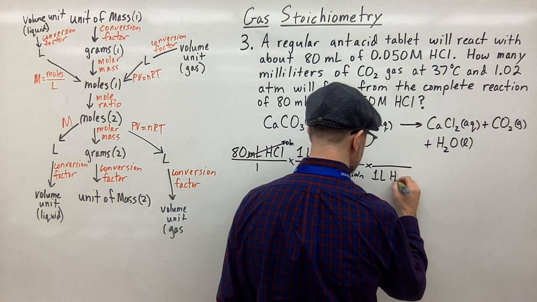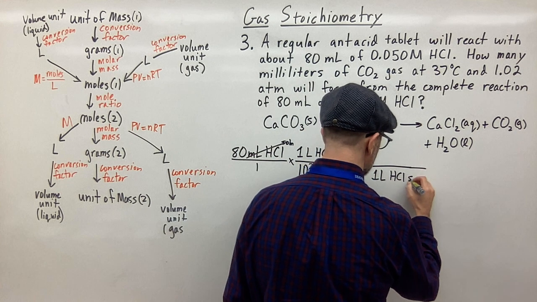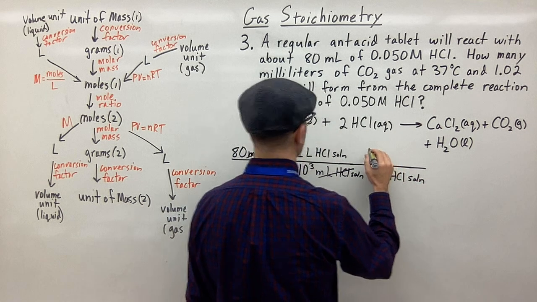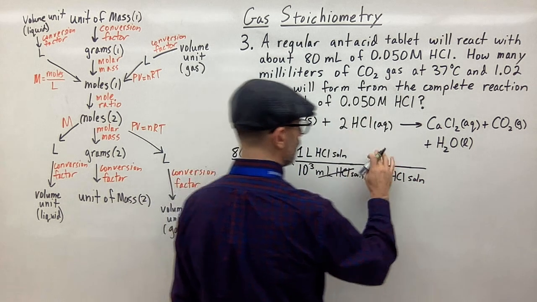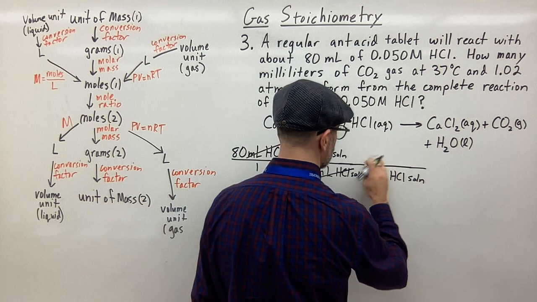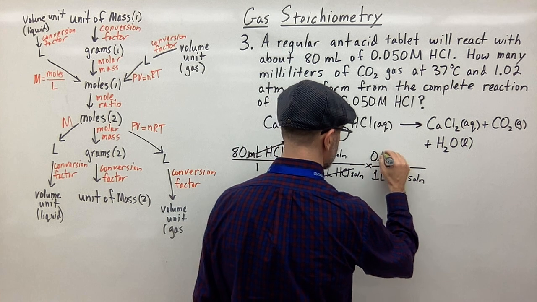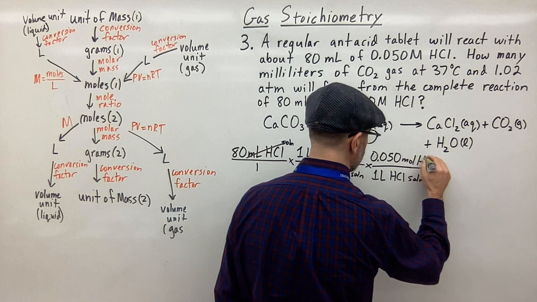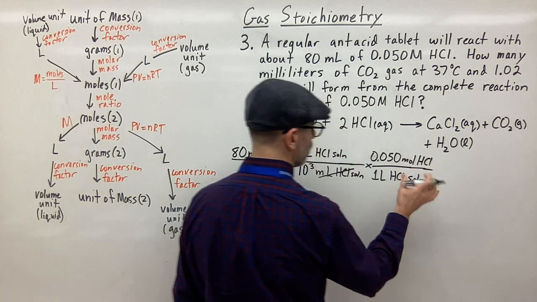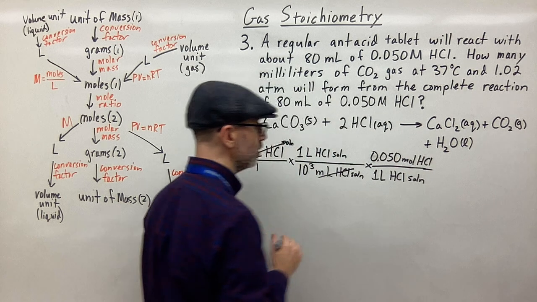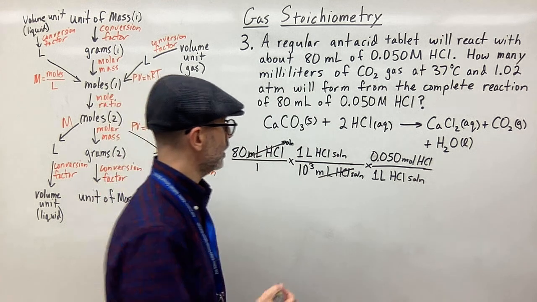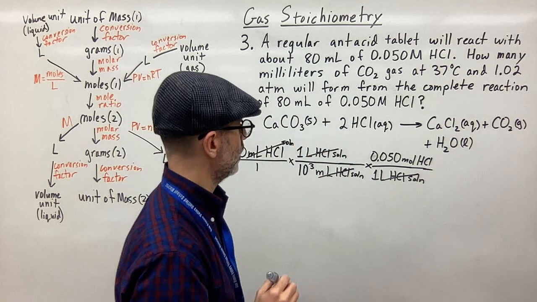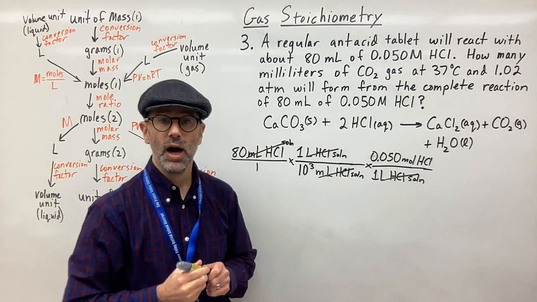So 1 liter of HCl solution, and we're going to have 0.050 moles of HCl. So I've gone from the HCl solution to HCl in the solution. And so now liters of the HCl solution cancel out. Now I have moles of HCl.